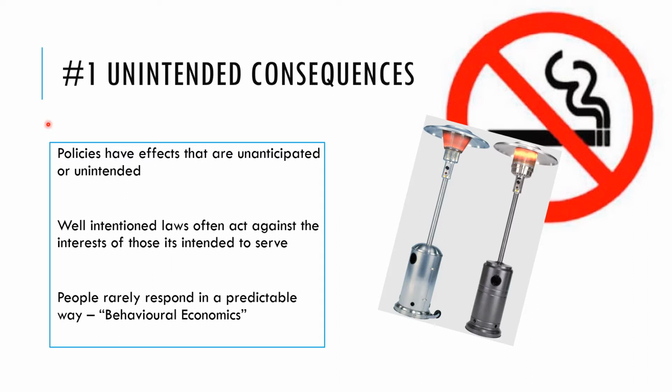And if you look closely at a patio heater, at the top, it's basically burning gas to provide warmth and heat. Now, these emissions go into the atmosphere and they contribute to global warming. So by trying to correct the negative externality of passive smoking, the government here have unintendedly worsened the negative externality of global warming.